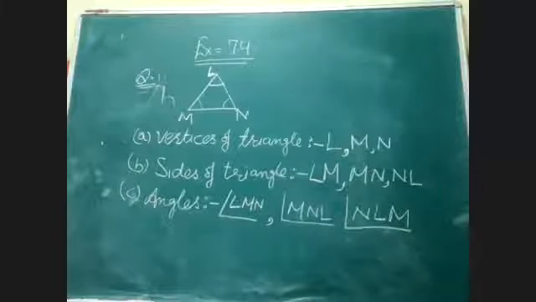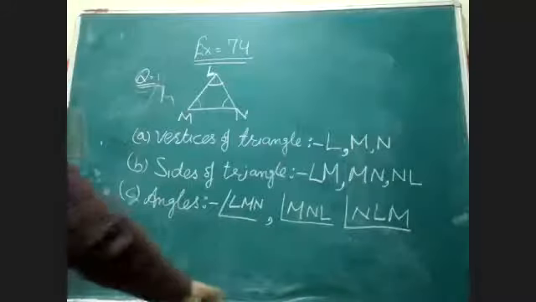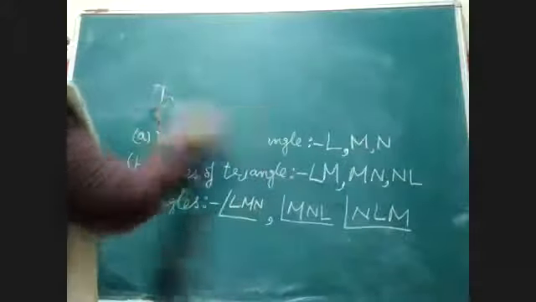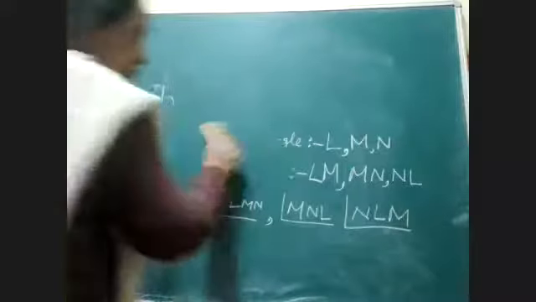So in each triangle, we will write the type of the triangle. First, we'll do parts A, B, and C.